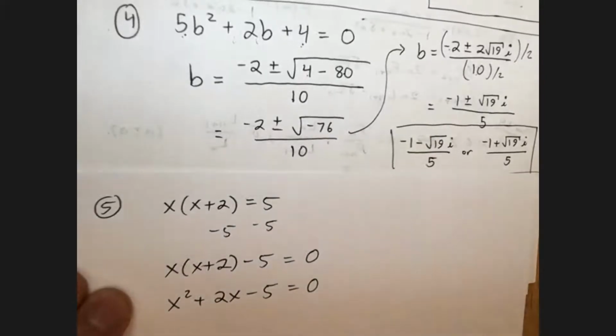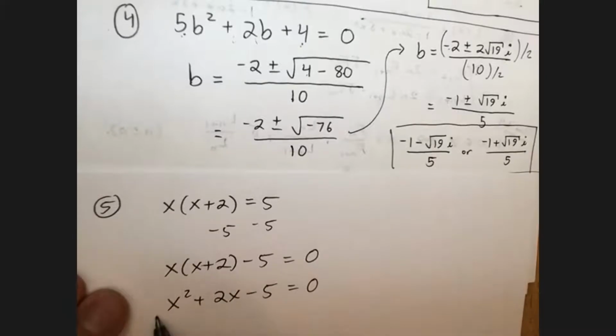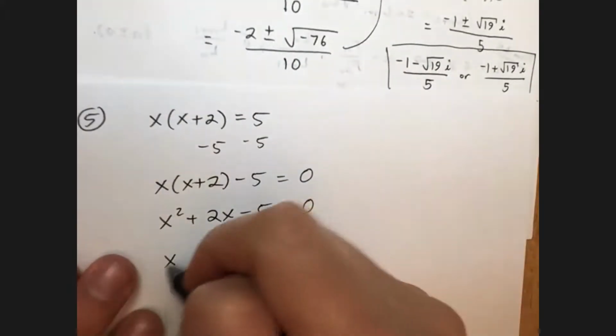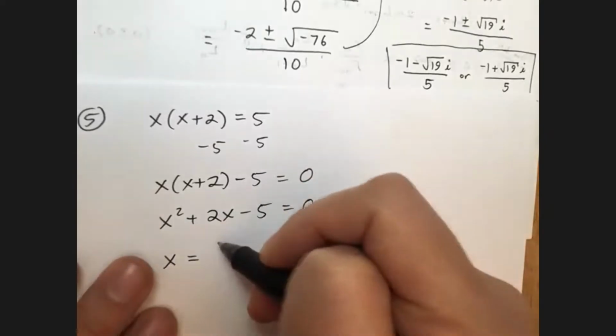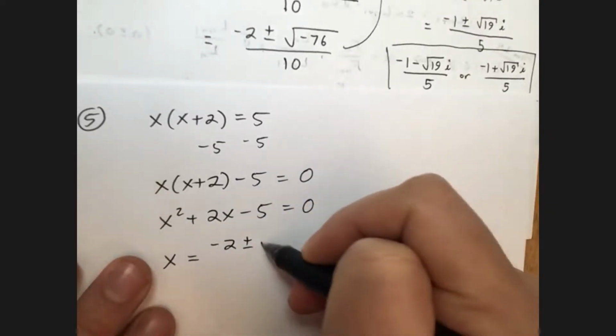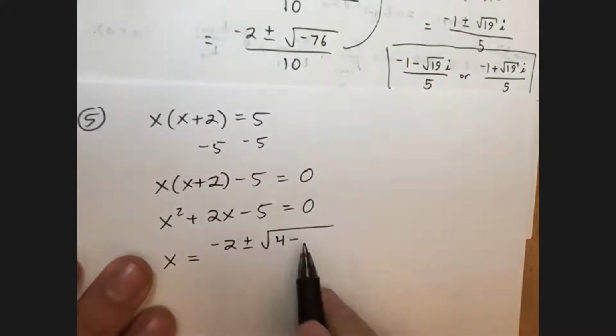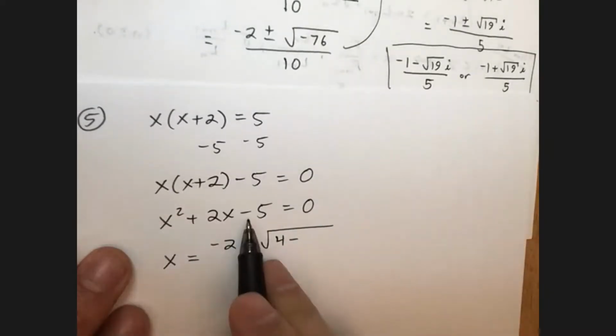Now it's of the form: it's 1x squared plus 2x minus 5. So a is 1, b is 2, c is negative 5. Right? So now you can use the quadratic formula, right? x is equal to negative b plus or minus the square root of b squared minus 4 times 1 times negative 5.